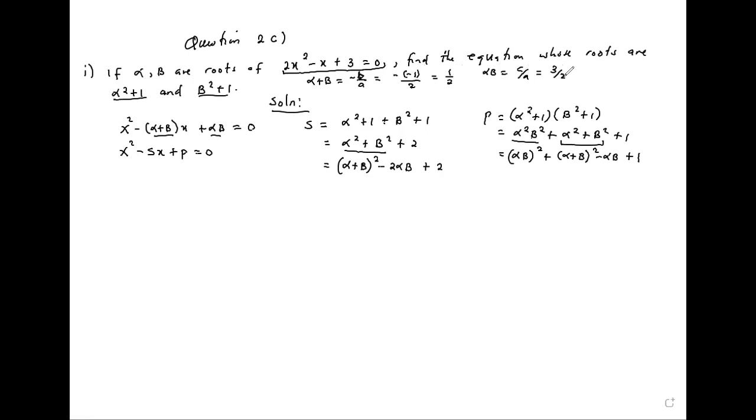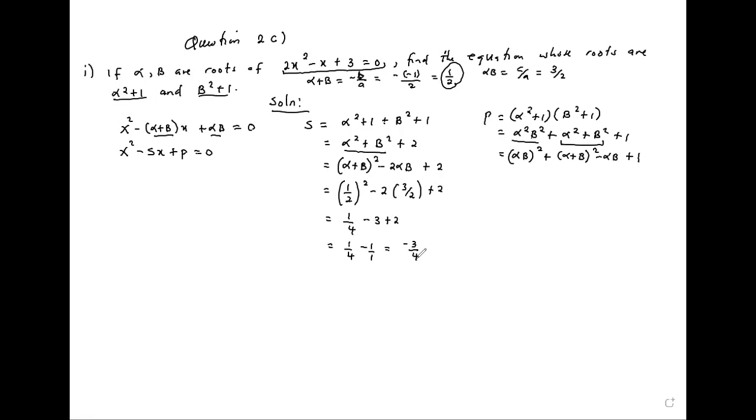So we bring now alpha plus beta, which we have found is half. So we have half squared minus 2 times alpha beta, which is 3 over 2, plus 2. We simplify this: 1 over 4 minus 3 plus 2, which is 1 over 4 minus 1 over 1, and this is negative 3 over 4.